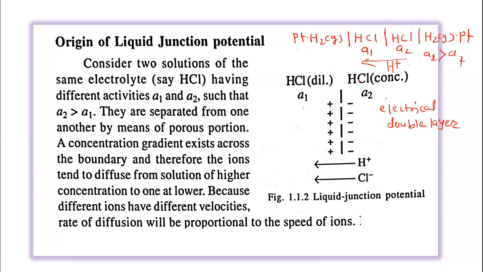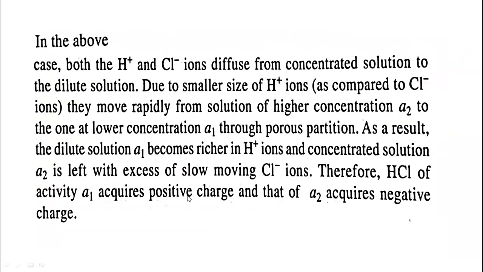Whenever there is a contact between two electrolytes, the liquid junction potential is developed, because a concentration gradient arises there. The hydrogen ions from the concentrated solution move towards the dilute solution.